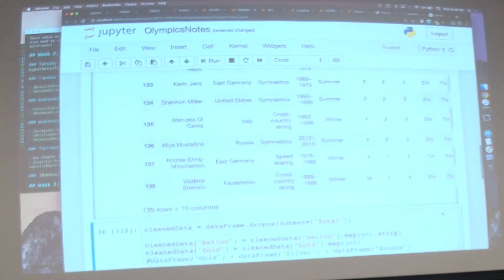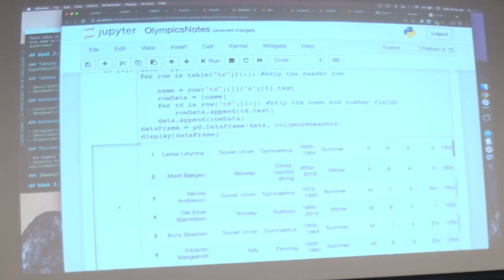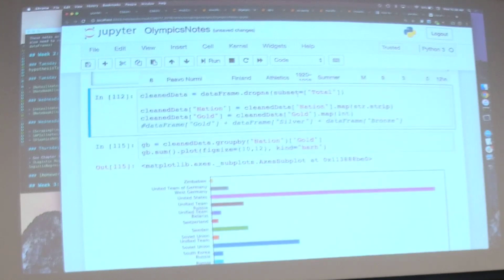I'm optimistic about that. I have to do a little bit more cleanup. So the strip function is pretty useful. It throws away any spaces around the ends of strings, at the beginning and end of strings.